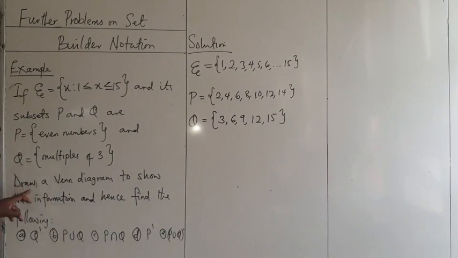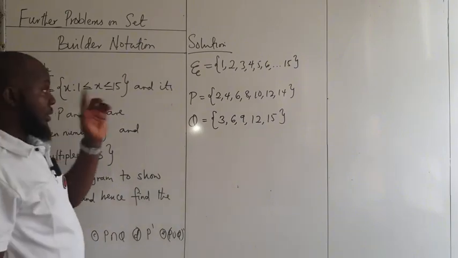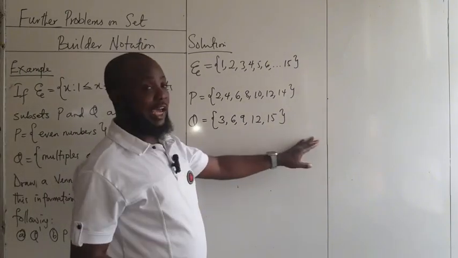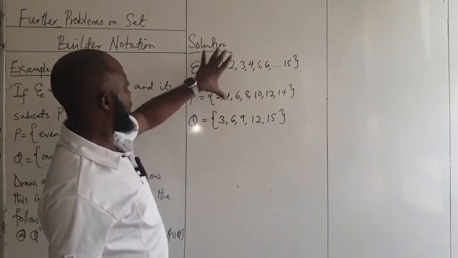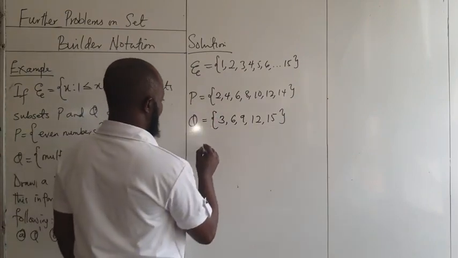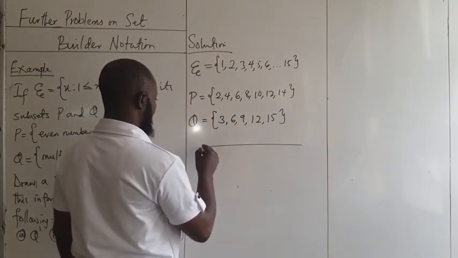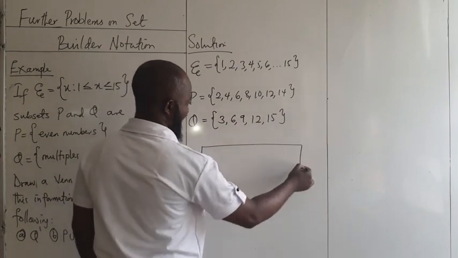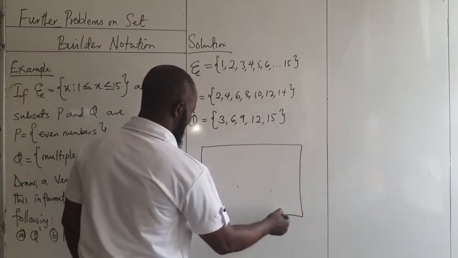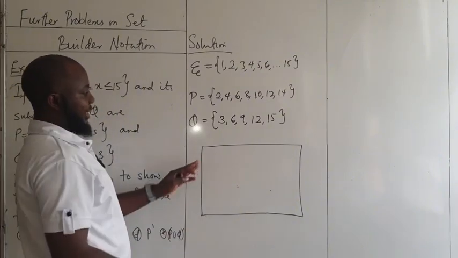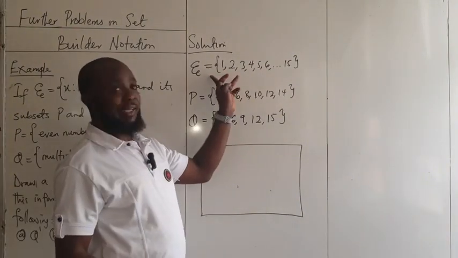Now, the question asks us to draw a Venn diagram to show this information and hence find it. So we are going to draw a Venn diagram that will show this information. We have the rectangle, which, as I've explained, talks about the universal set.